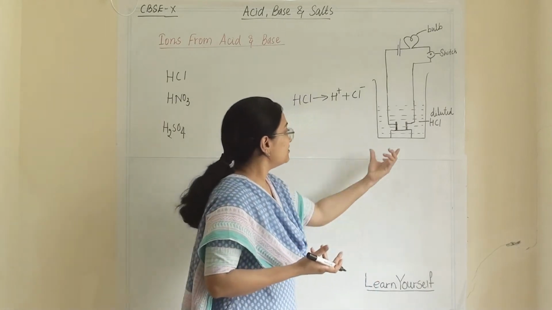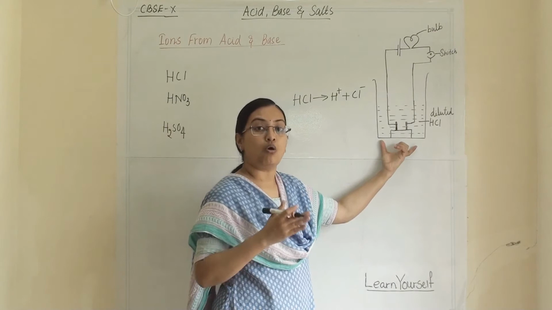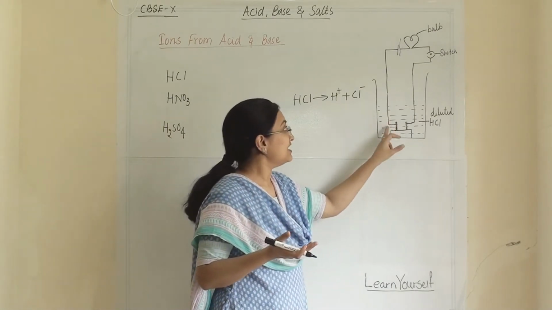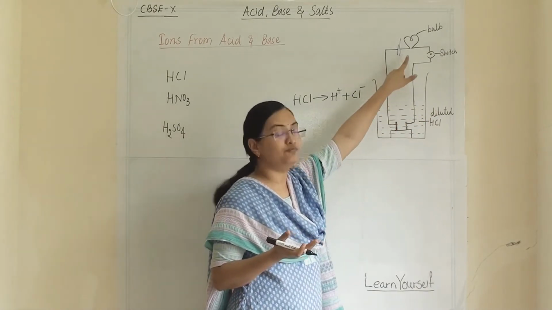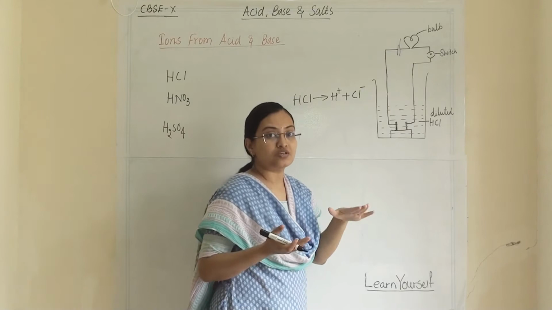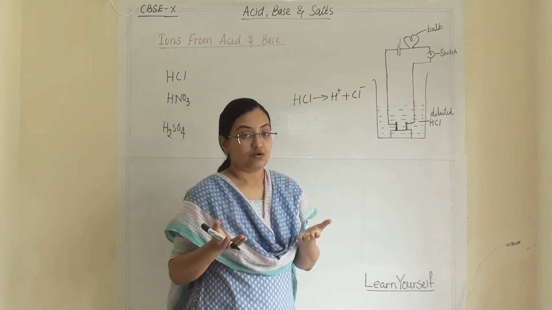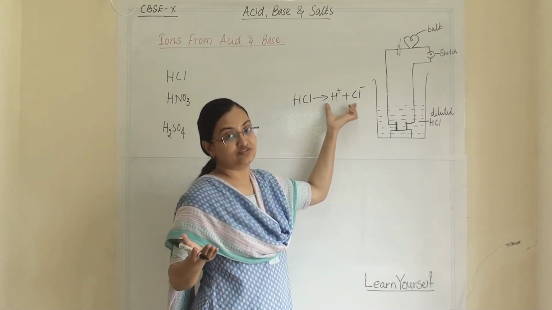So if we are taking here alcohol or any other compound like glucose, then electricity will not pass through this circuit and our bulb will not glow, because there won't be any dissociation of ions, or we will not get carriers of electricity.